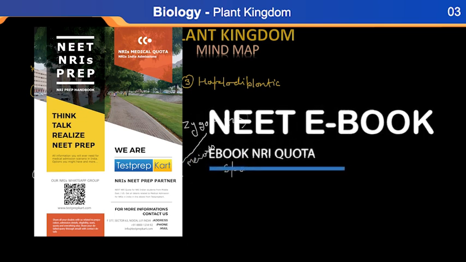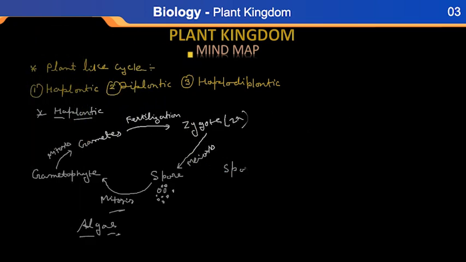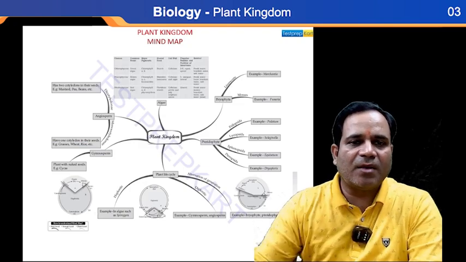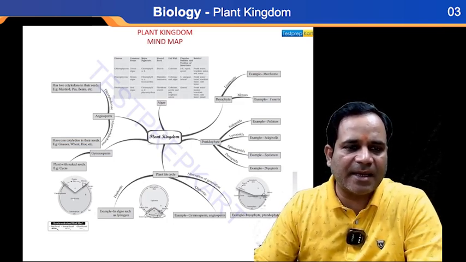So haplontic life cycle is clear. Which example is here? The haplontic life cycle is present in algae. This is the diagram of the haplontic life cycle.